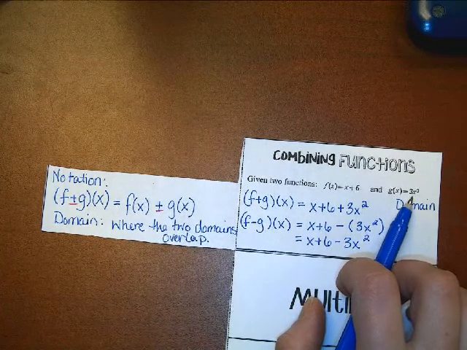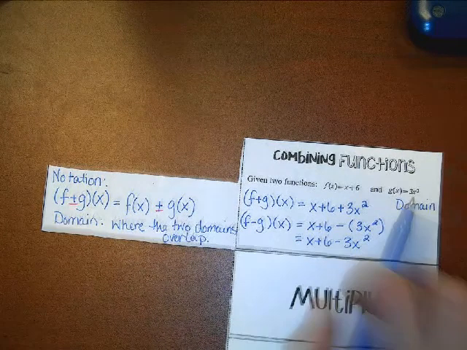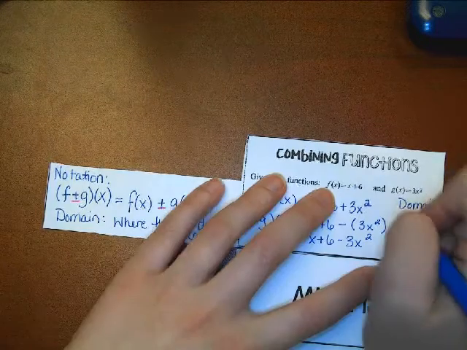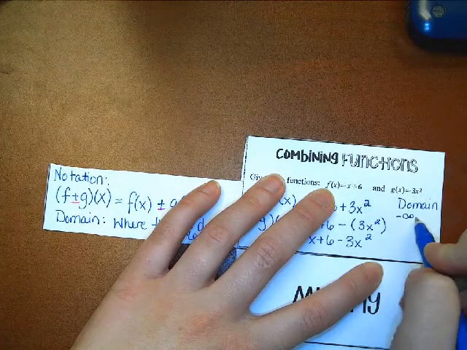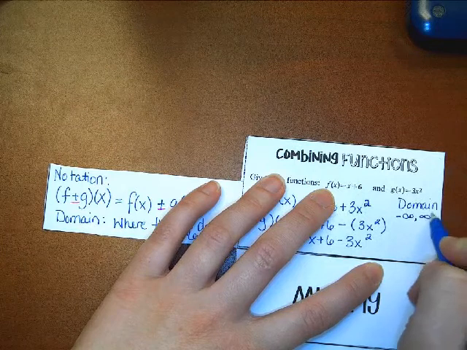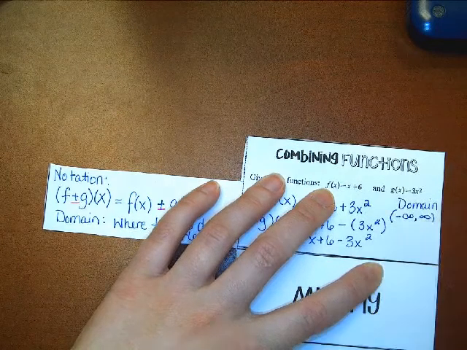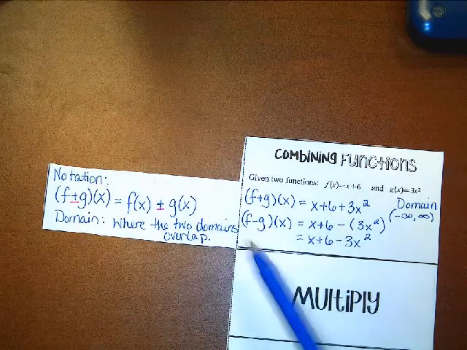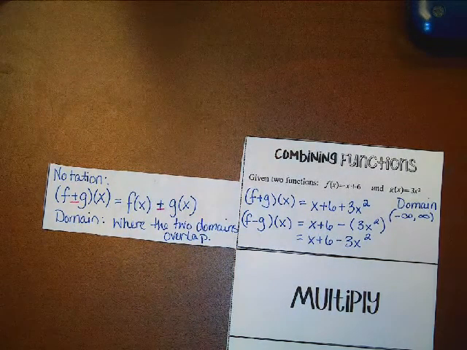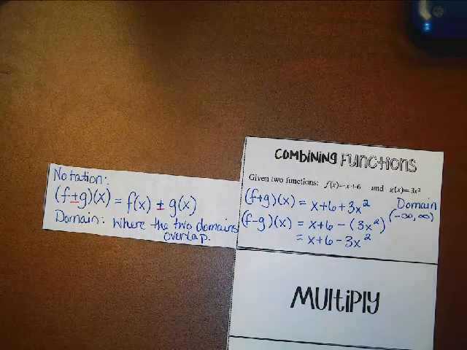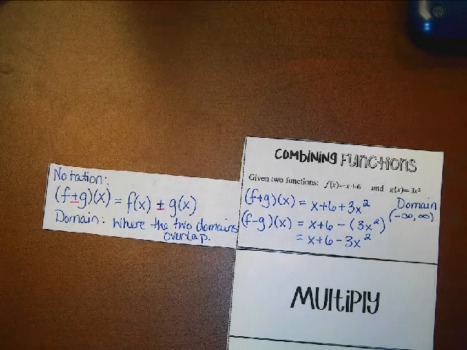Negative infinity to positive infinity. So where do those overlap? Everywhere, right? Negative infinity to positive infinity. So the domain for both of these new functions is negative infinity to positive infinity, for both f plus g of x and f minus g of x. All right, does that seem fairly straightforward to you guys?